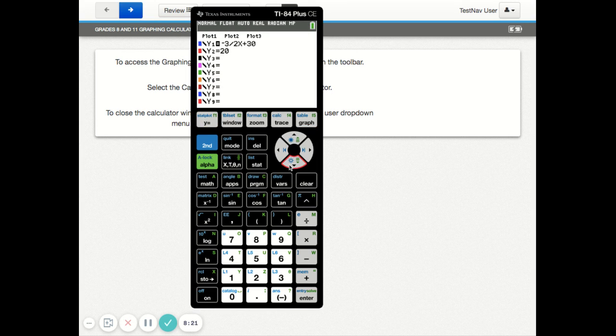For vertical lines, there are two ways you can do vertical lines. One is to use the draw feature. That's in blue here. So second, draw, vertical line at 14, hit enter. We'll draw that. The issue here is that it doesn't actually recognize this as something. So if I try to do intersect, there's nothing to enter.